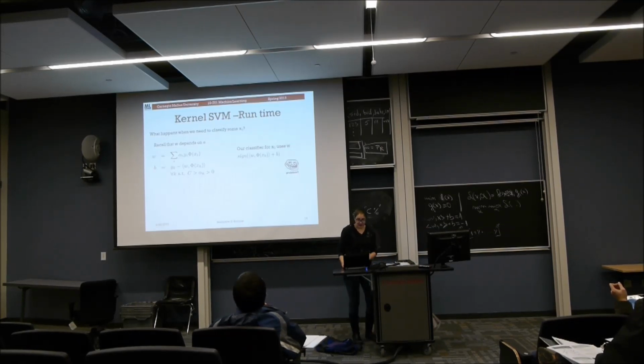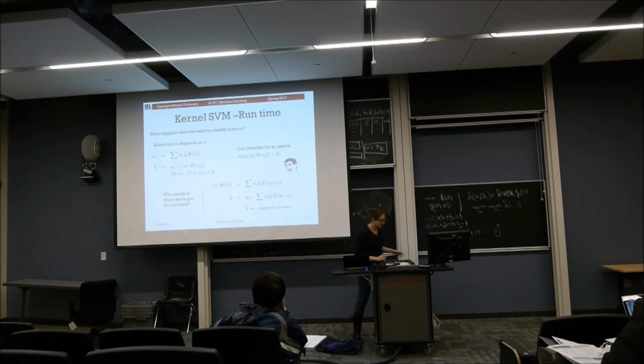So B is yk minus W dot phi of x_k, so let me write it down.